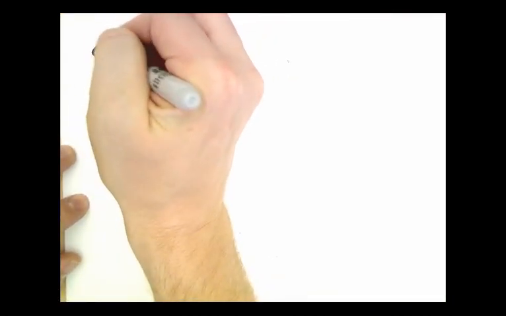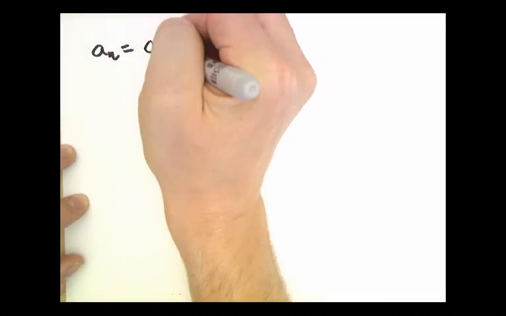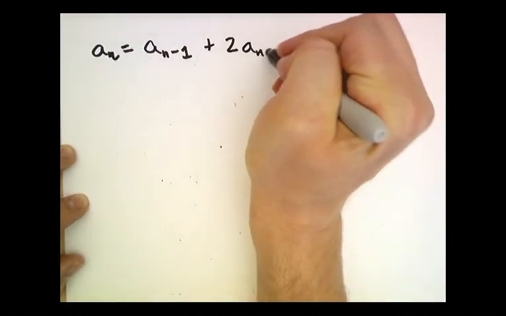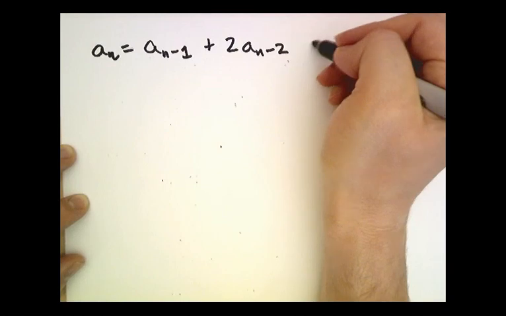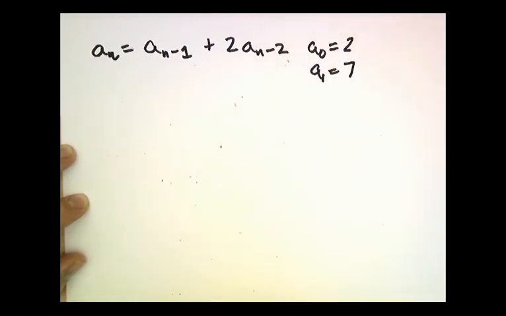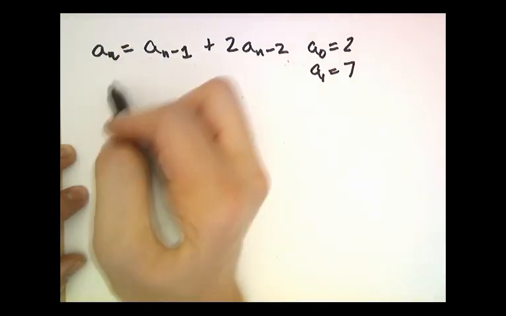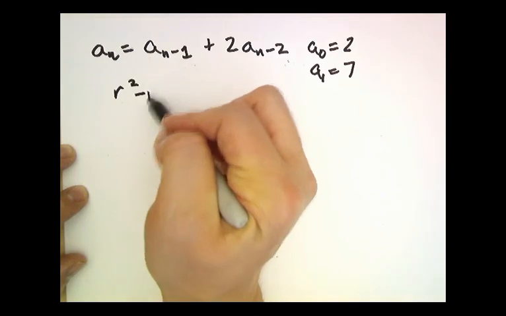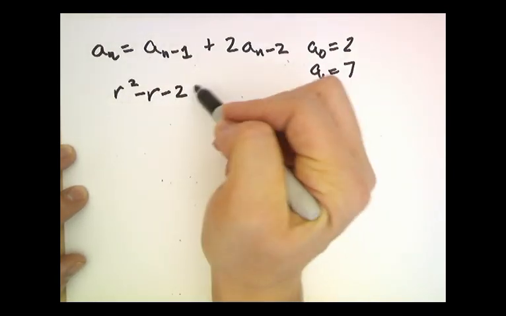Let's assume that our recurrence is a_n = a_{n-1} + 2a_{n-2}, and we have a0 = 2 and a1 = 7. What's the characteristic polynomial? Well, it's r^2 - r - 2 = 0.